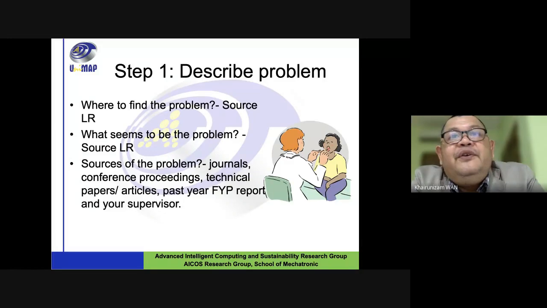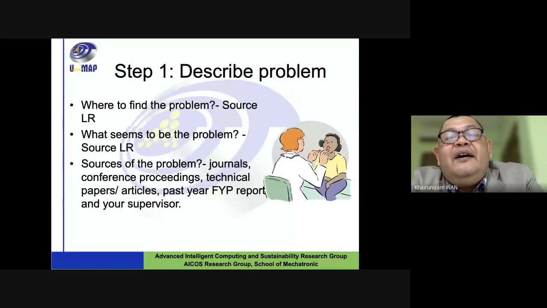It's not good if you find the problem from a magazine, for example, or from a YouTube channel, or from Google. So for the source of the problem statement, you must read articles from journals or conference proceedings.